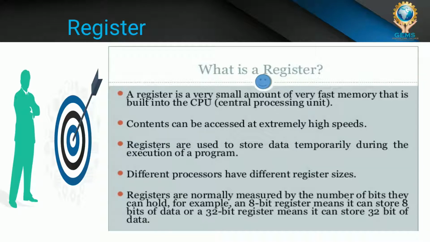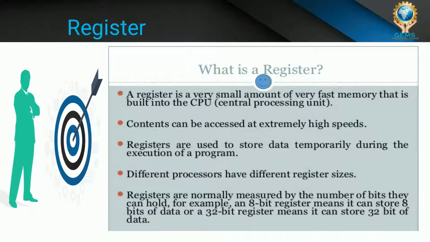When the CPU wants to do a process, it needs data. All of you know the functioning of the CPU: without data, the CPU will do nothing. So this data is available in registers.